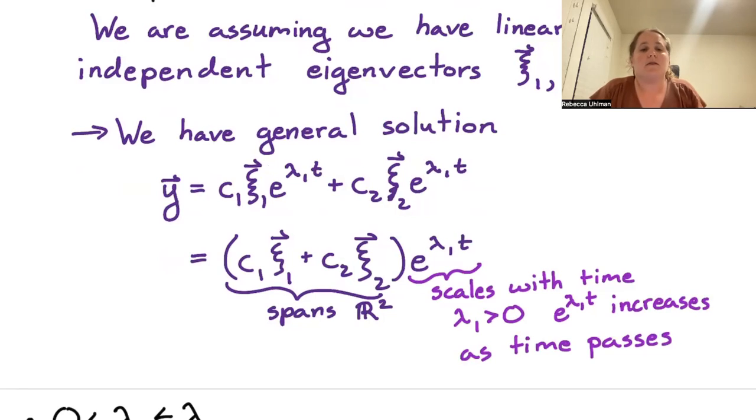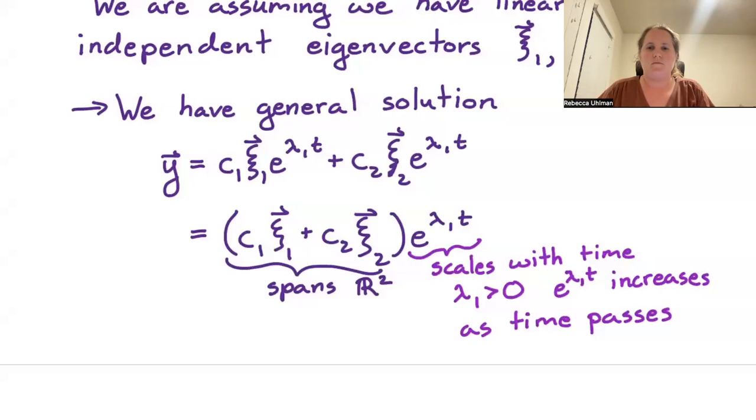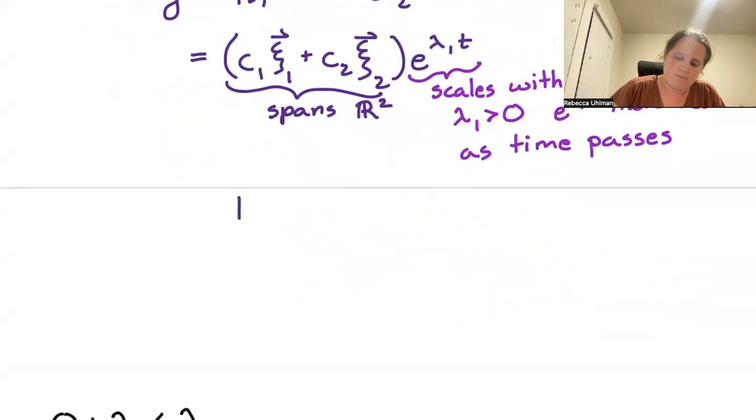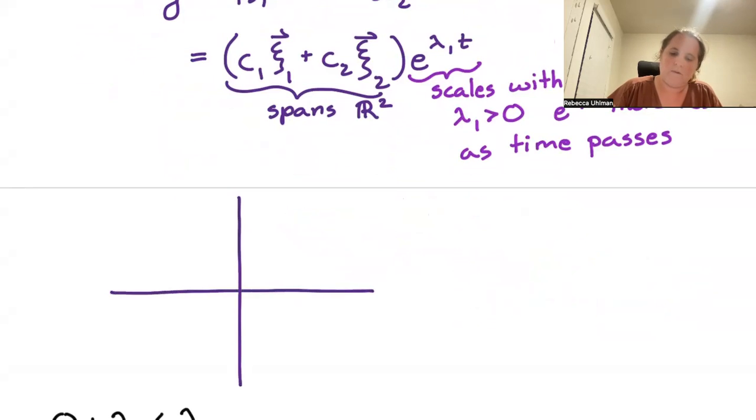I need to give myself a little more space, and we'll go ahead and draw what these shadow trajectories should look like. If we think about a coordinate system, I'm going to start off by drawing Xi1 and Xi2.